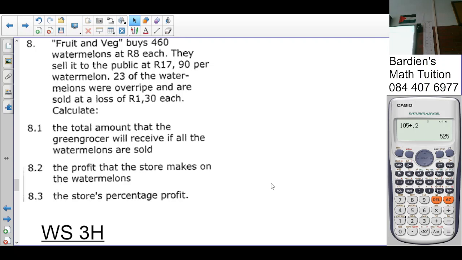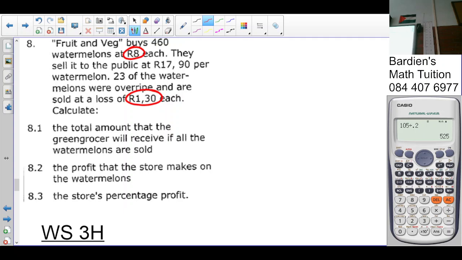Which means 8 rand minus this 1 rand 30 is what they were selling the overripe watermelons at. You know what is ripe, no? It's ready to eat.